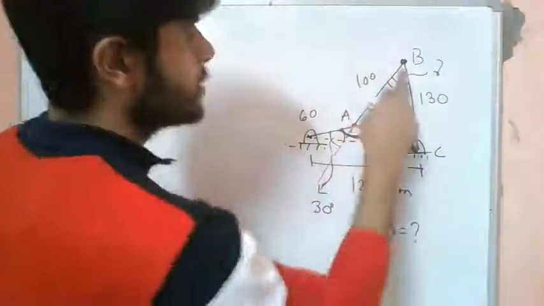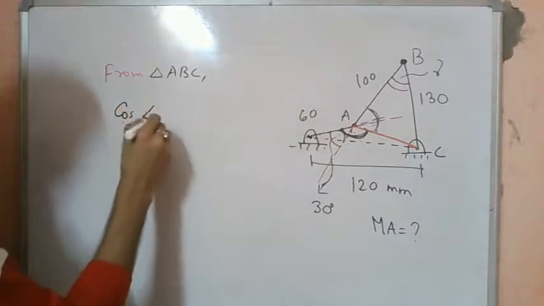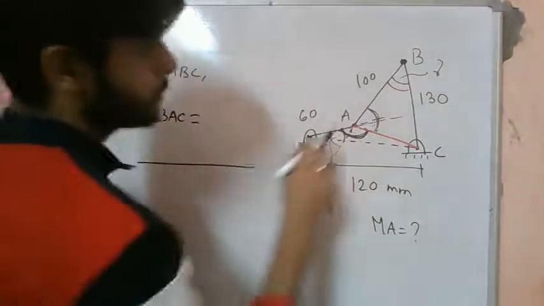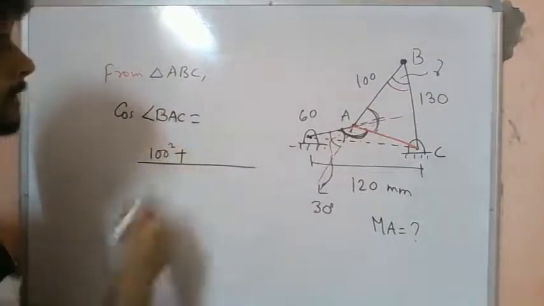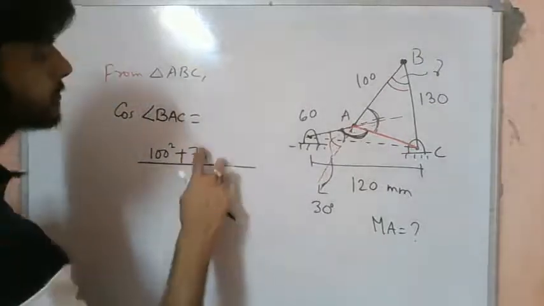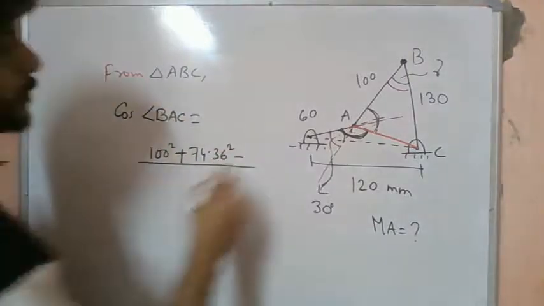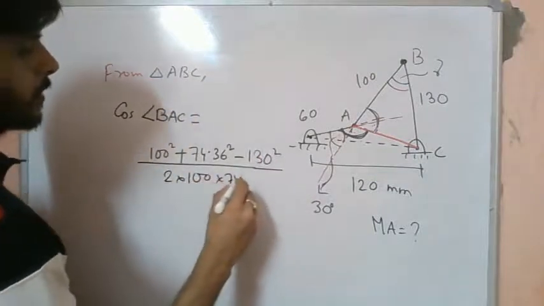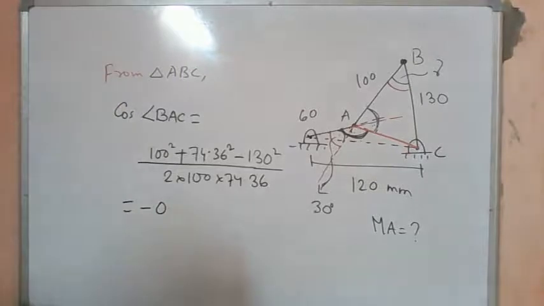So from triangle ABC, cos of angle BAC equals AB square plus AC square, 74.36 square, minus 130 square, over 2 into AB into AC. This equals minus 0.09216.